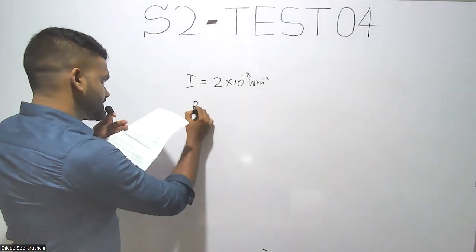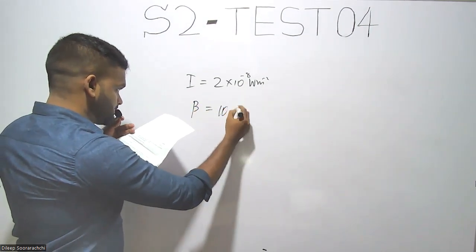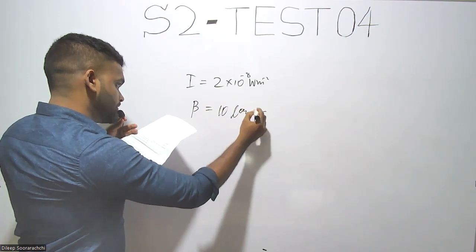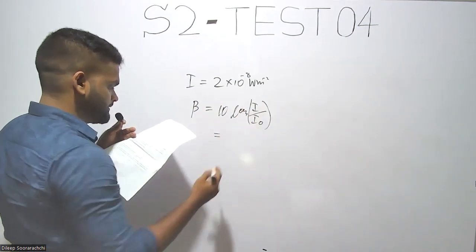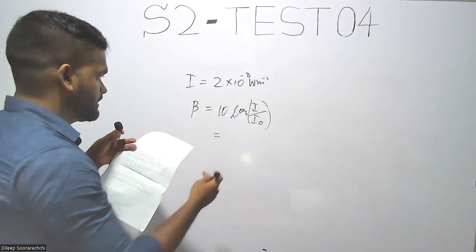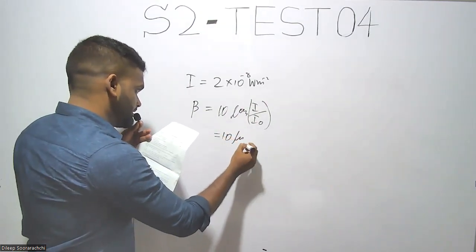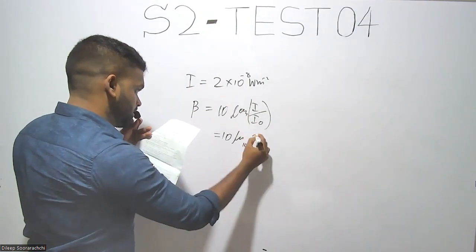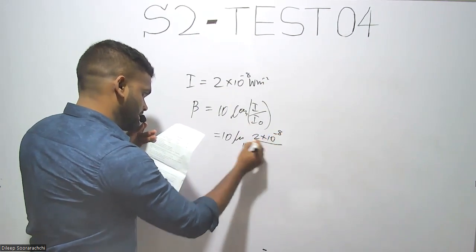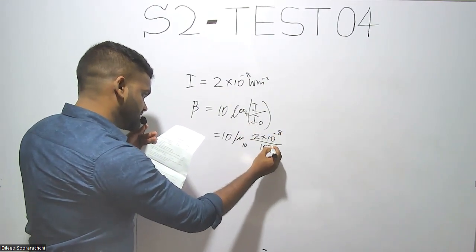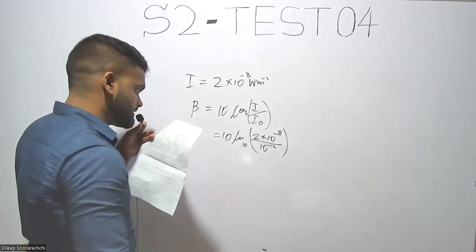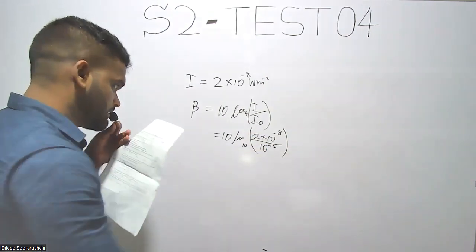So to find intensity level, we need this equation, 10 log I over I naught. I means this value. I naught means 10 to the power minus 12. That is the threshold intensity for the human ear. Minus 12.